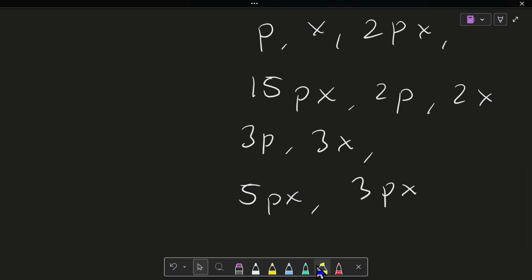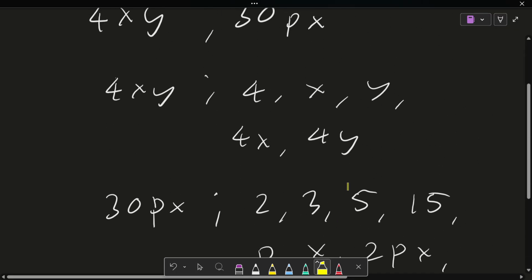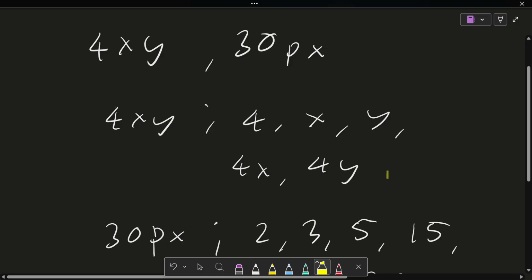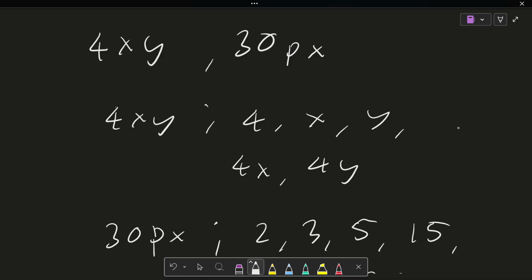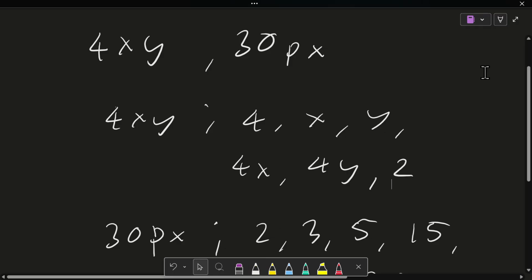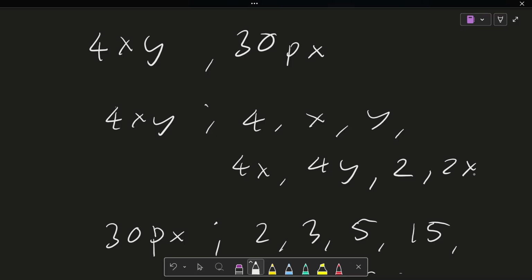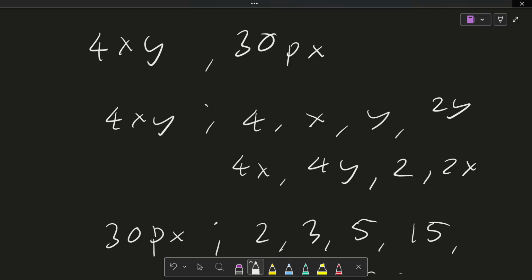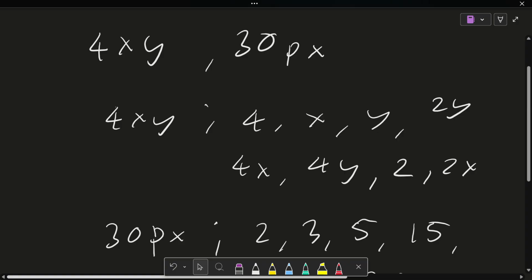Okay, so let's just highlight them. Now, which are the common factors? With this one they also have another factor, which would be 2, and 2x and 2y. So what are the common factors?